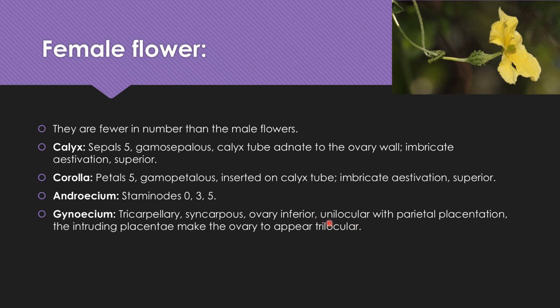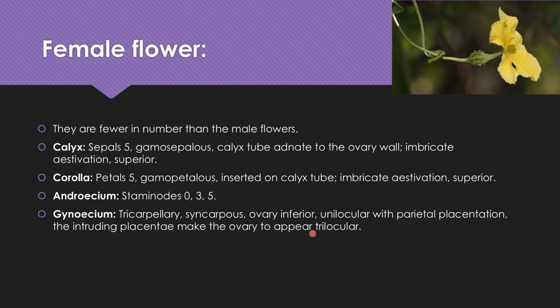Unilocular condition means there is one locule, with parietal placentation. Parietal placentation means the ovules are attached to the margin of the ovary.